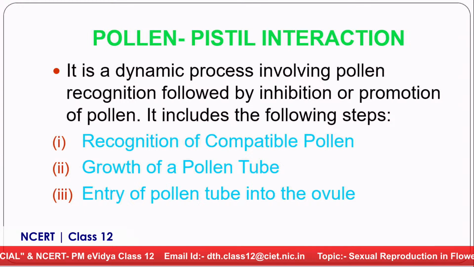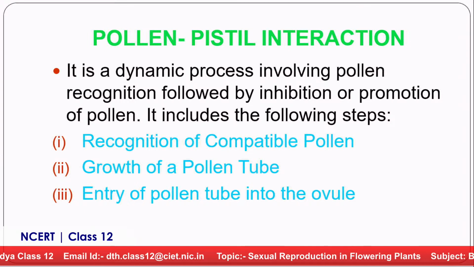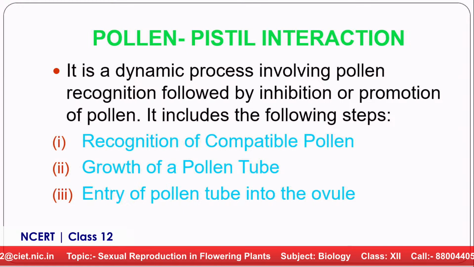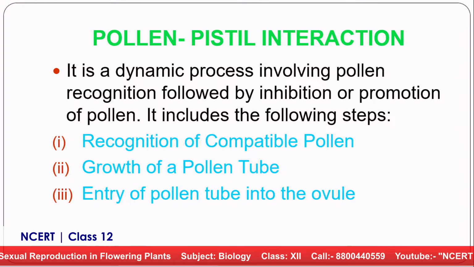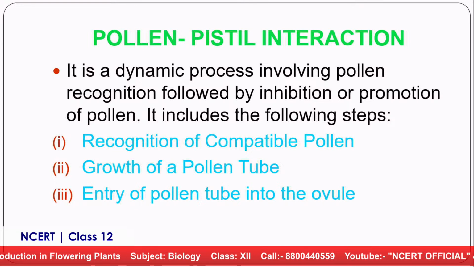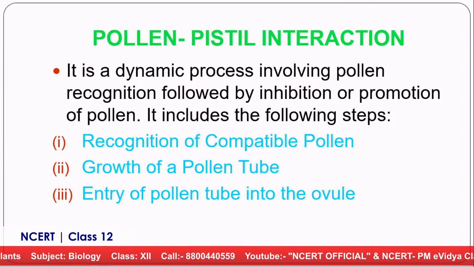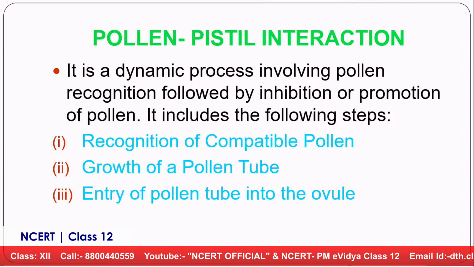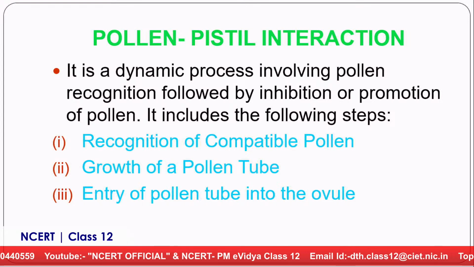If it is compatible, then pollen tube बनना शुरू होगा and it forms from the intine and comes out through the germ pore and travels into the style. Third point, entry of the pollen tube into the ovule. When the pollen tube travels into the style, it reaches the ovule, and then further process happens.